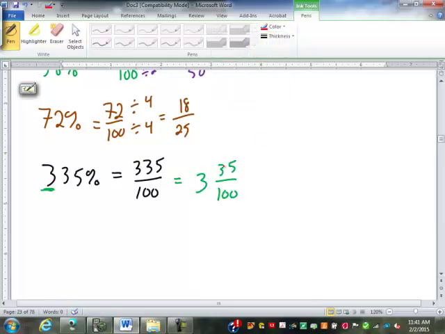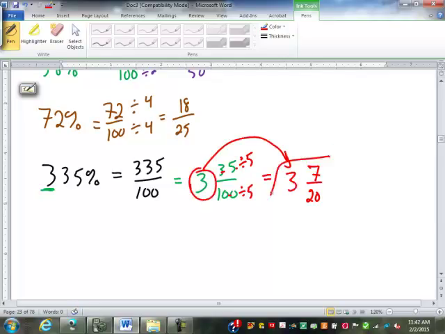And of course we'll still reduce the 35 over 100 by dividing both of those by 5. 35 divided by 5 is 7. 100 divided by 5 is 20. Are we all done? What do we have to remember? Have to remember that 3. I'll catch a few of you forgetting that whole number. It's 3 and 7/20.